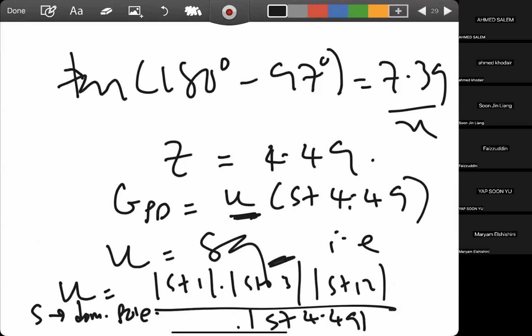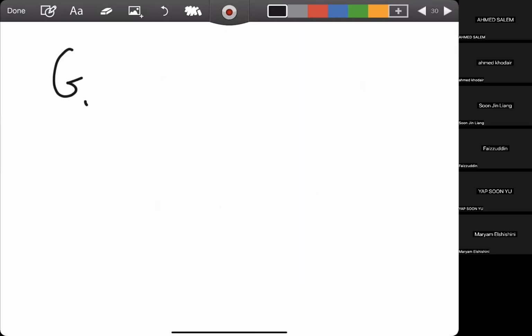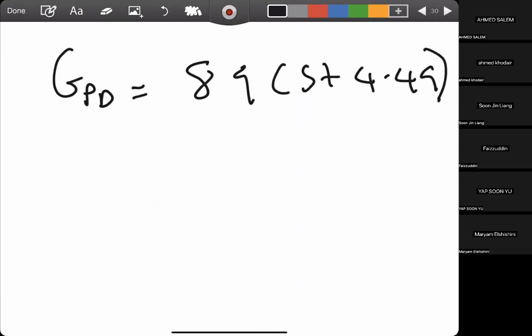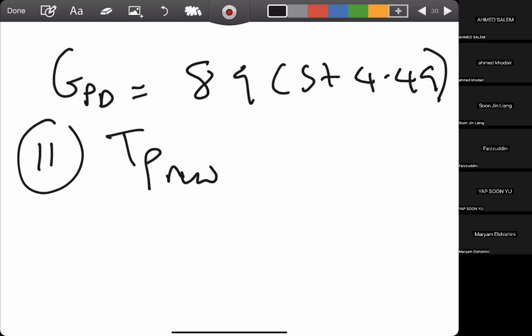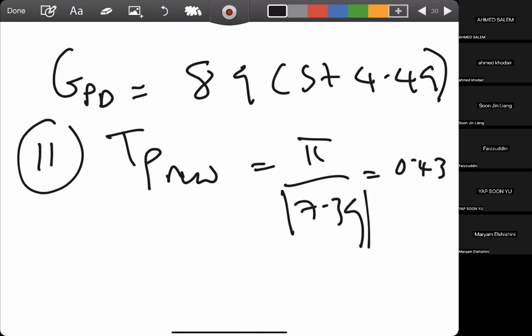So 89 will be the gain of the PD controller. 89(s plus 4.49). And the new peak time will be pi divided by the imaginary part, which is 7.39, 0.43 seconds.